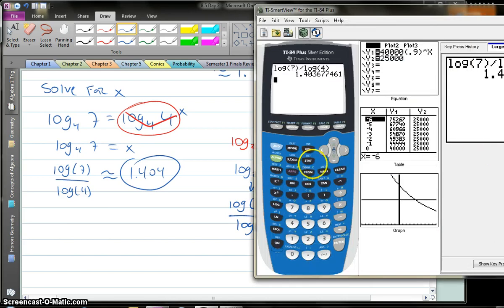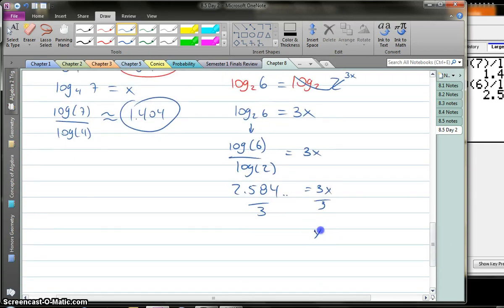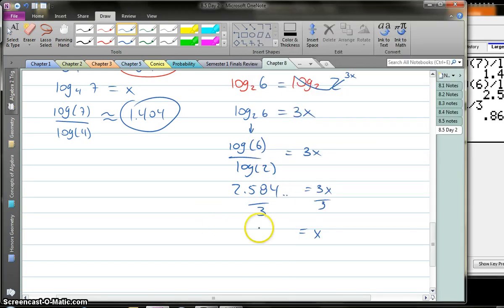In my calculator, that gives me 2.584, yada, yada, yada. And then we're going to divide that by 3 to get x alone. So in your calculator, divide our answer by 3, and I get 0.862. So x is 0.862.